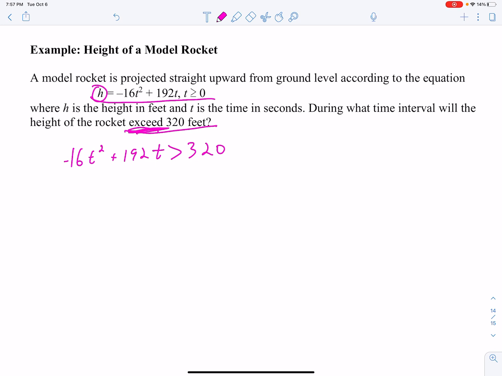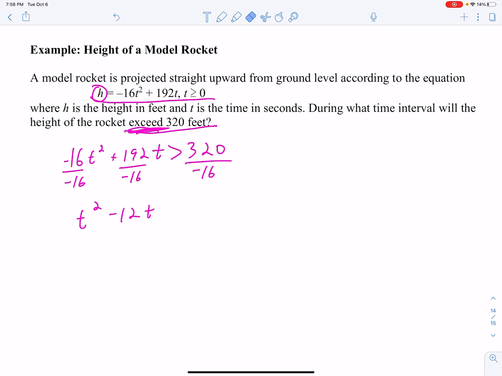The easiest way to solve problems like this is to look for a greatest common factor. We have negative 16, 192, and 320. Luckily, all of those are divisible by negative 16. Whatever we do to one side, we have to do to both sides. So that's t squared minus 12t, and actually we have to be careful.